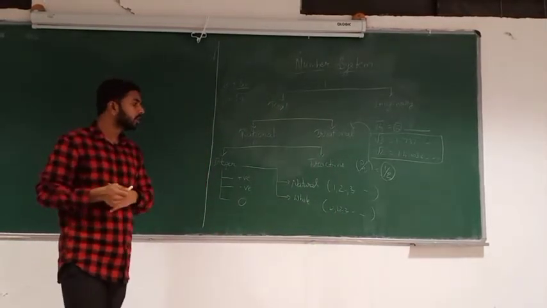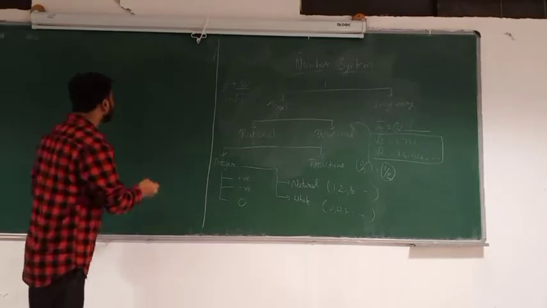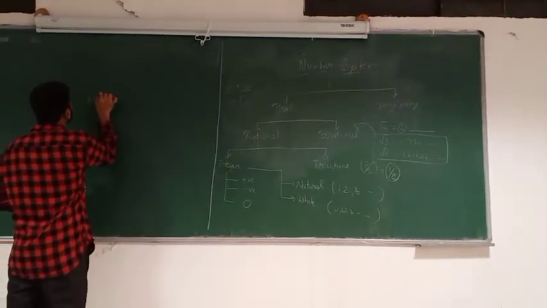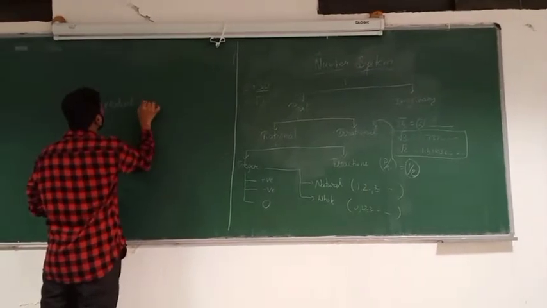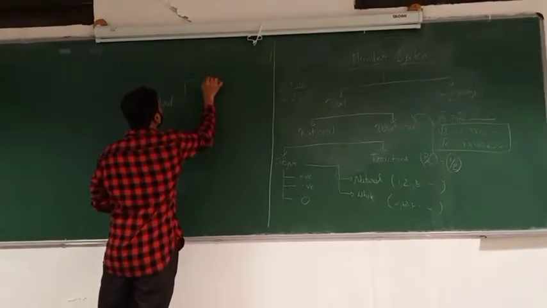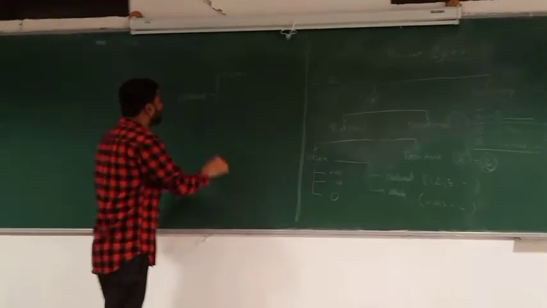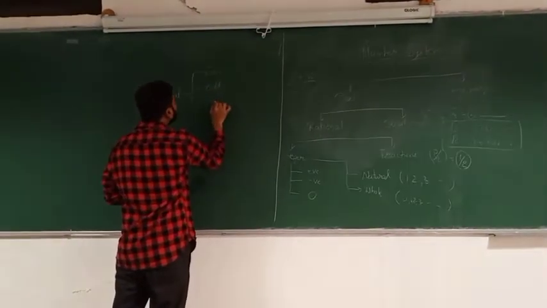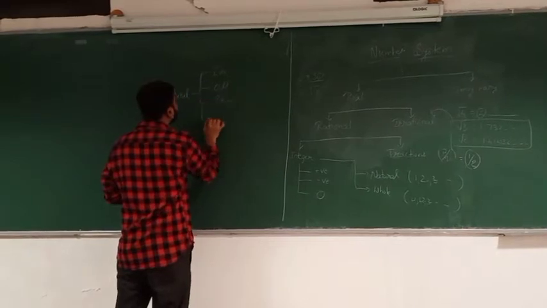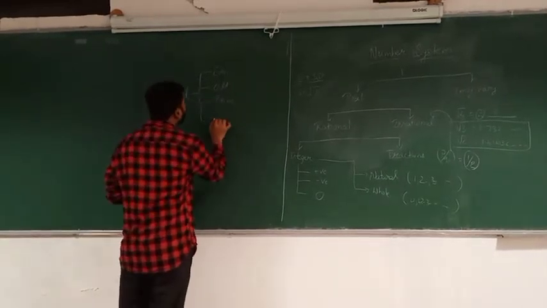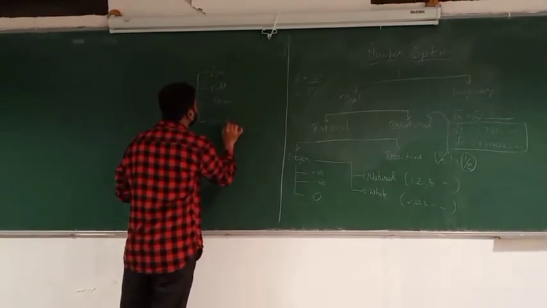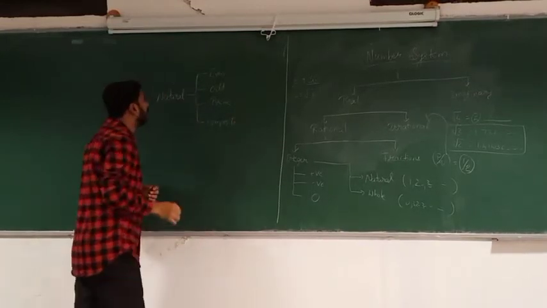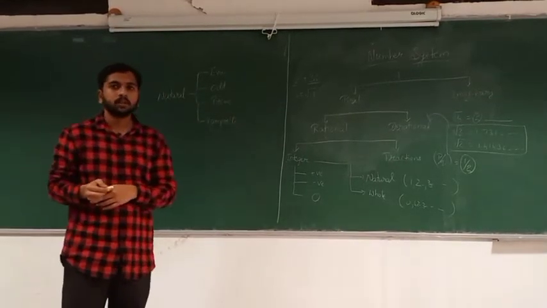If we talk about further division in the natural numbers, there are again subdivisions. One is the even number and the odd number, then the prime number, and the last is the composite number. What is an even number?